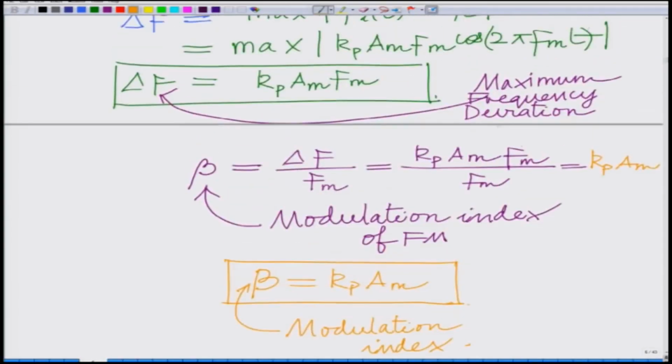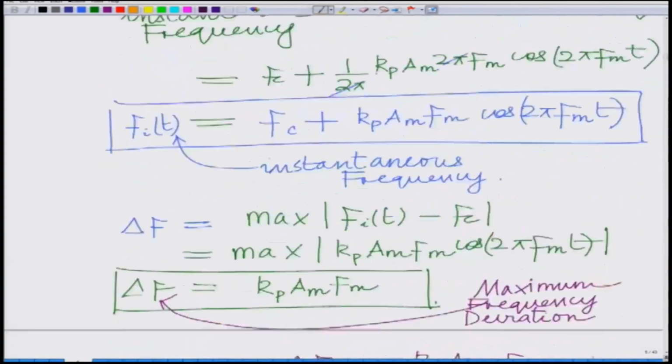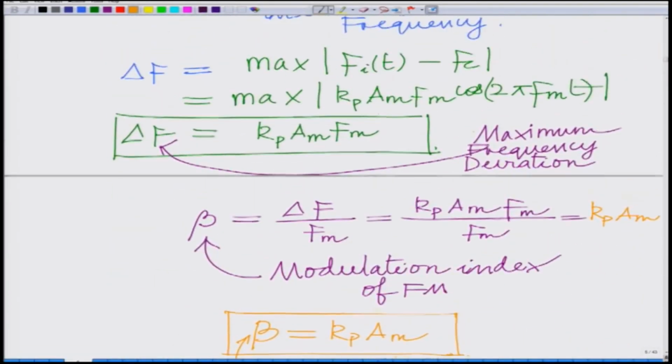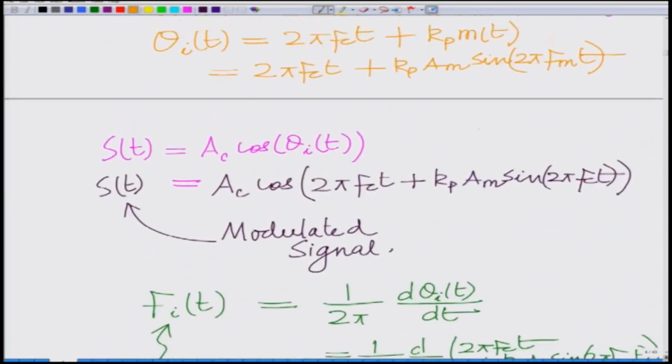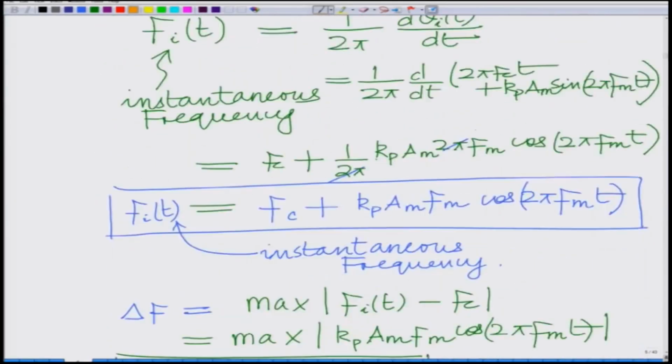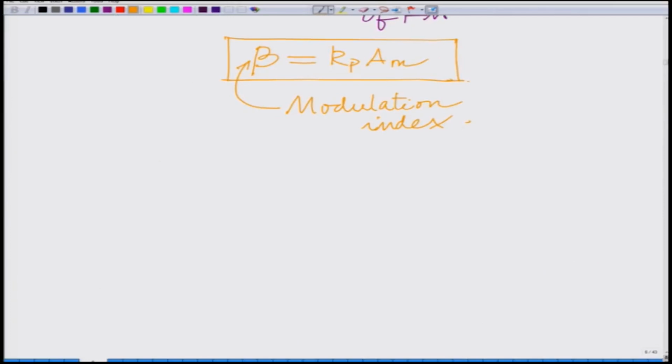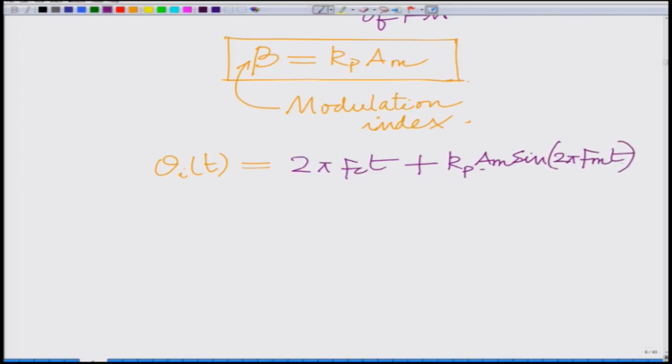And look at this, you can see this k_p times A_m is also equal to the maximum phase deviation. For instance, if you look at the phase, remember the phase is theta_i(t), which equals 2 pi f_c t plus k_p A_m times sin 2 pi f_m t.